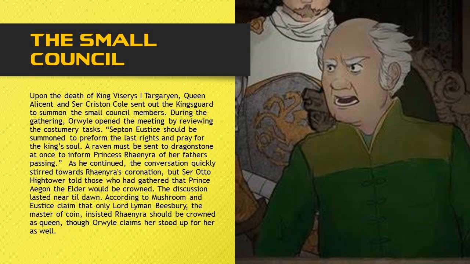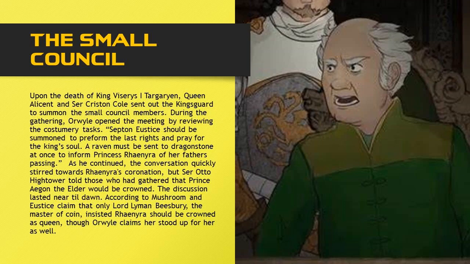So Dance of the Dragons. Small Council. Upon the death of Viserys I Targaryen, Queen Alicent and Ser Criston Cole, I can't help it, Gltyis has ruined me. Ser Criston Cole sent out the King's Guard to summon the Small Council members. During the gathering, Orwell opened the meeting by reviewing the customary tasks. Septon Eustace should be summoned to perform the last rites and pray for the king's soul.